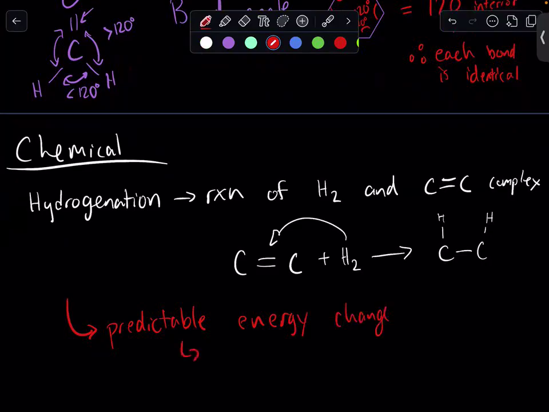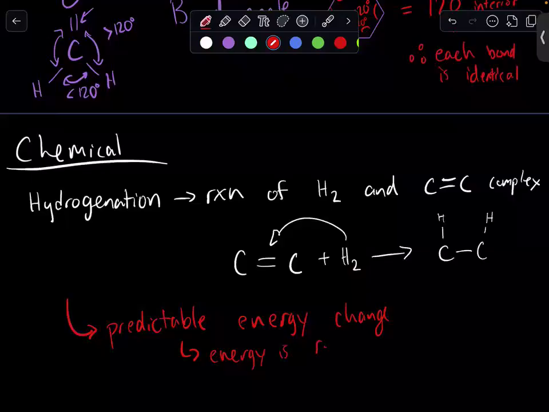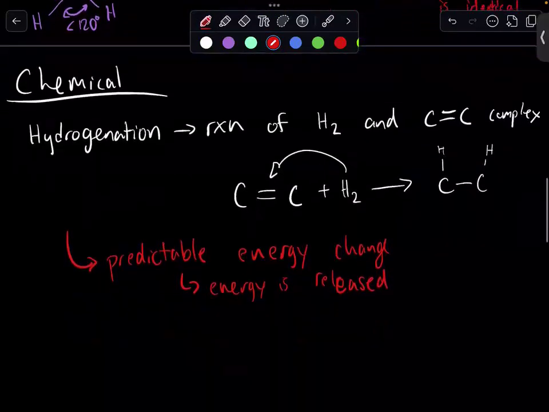It's an energy loss, so energy is released. Regardless of the compound, it usually has a very set amount of energy that we know is going to come out per bond.